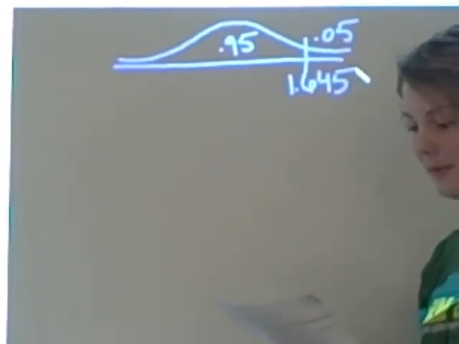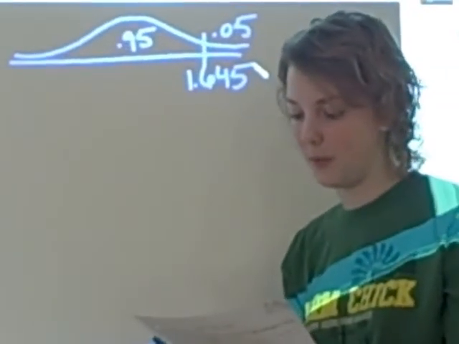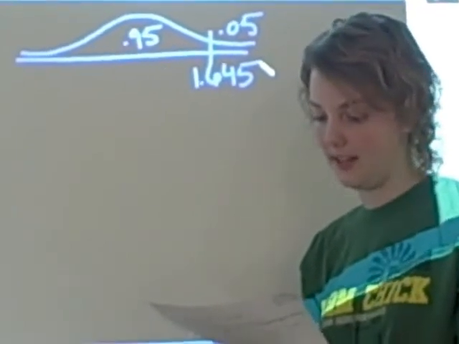To obtain p hat, the probability from the sample, we looked at our data and found that 42 out of 71 people equaled 59.2%.